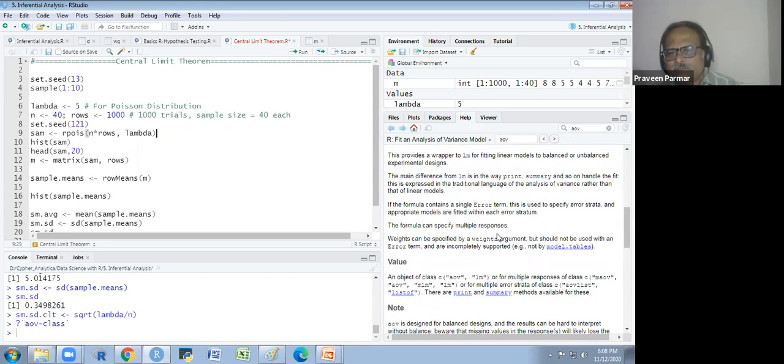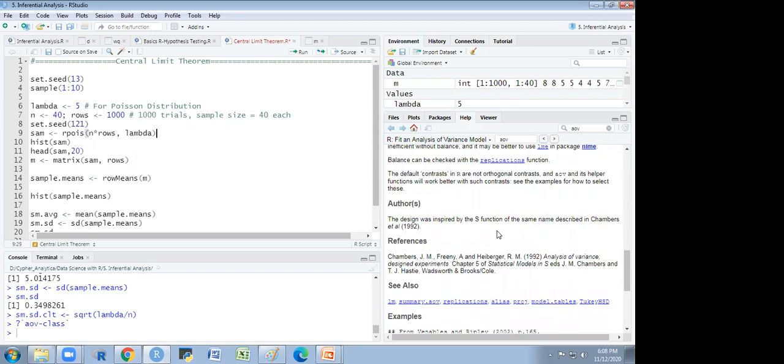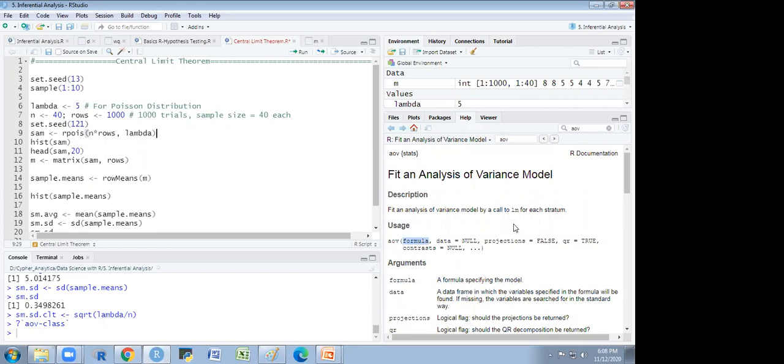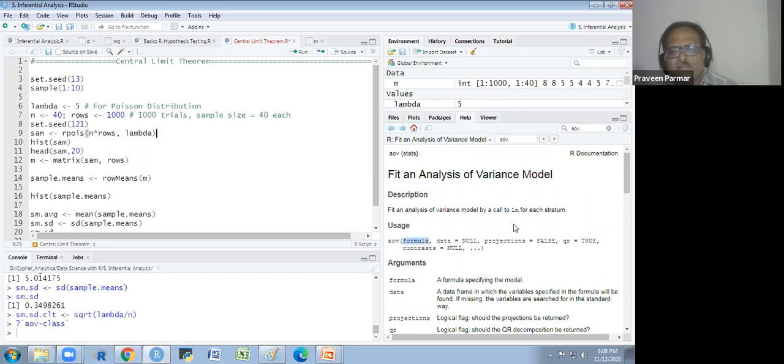I have not performed the two-way ANOVA here. So if you search, you will get it. It's not a big thing, you just have to see the attributes, where we have to write the first category and where we have to write the second, and then our values.